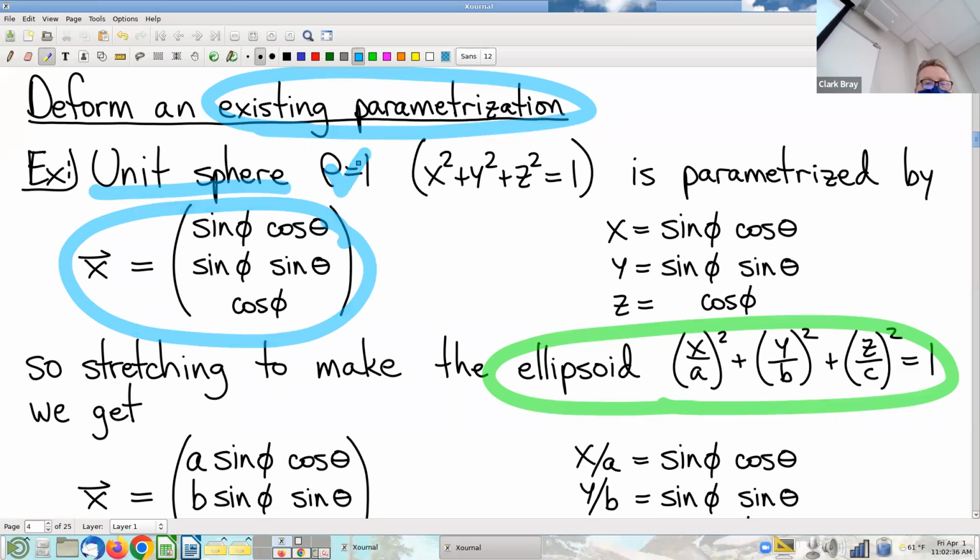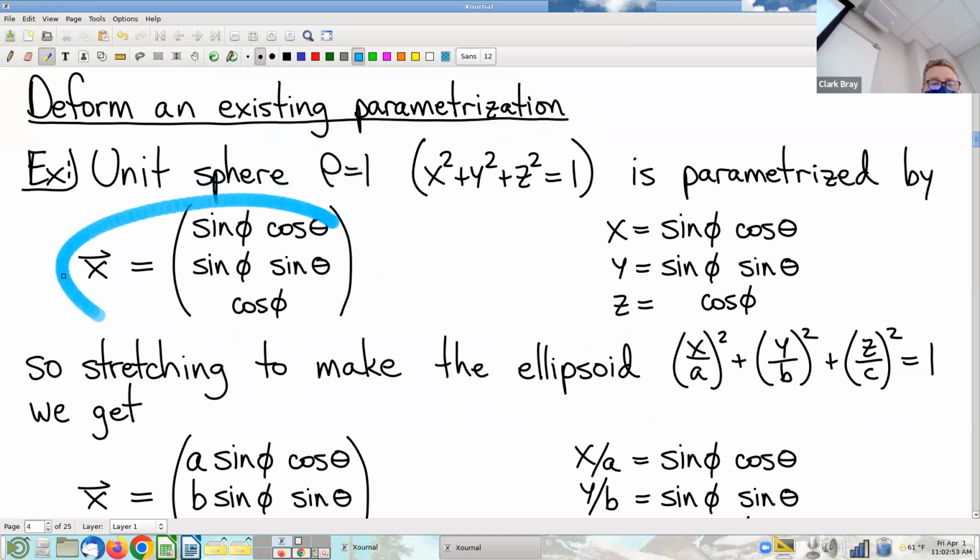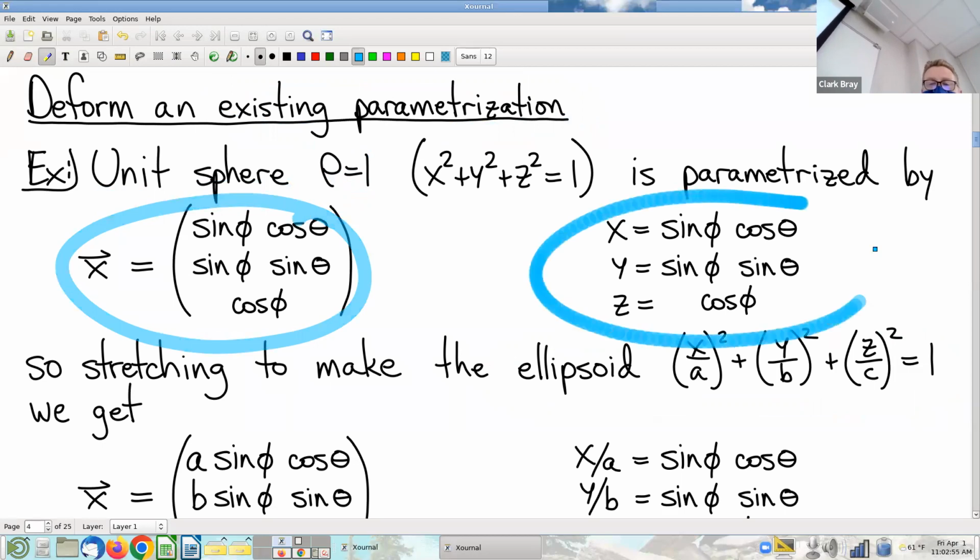This is the spherical graph parameterization, where the formula for rho is just 1. Okay, so I have this existing parameterization. By the way, I'm going to rewrite this parameterization as a set of 3 equations. You'll see why in just a moment.